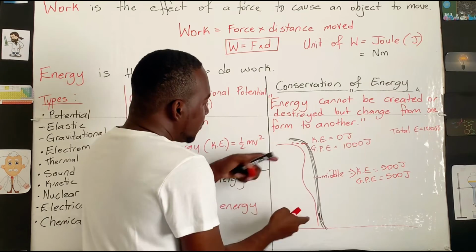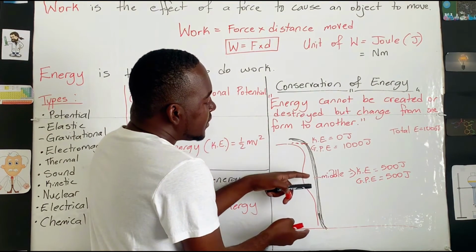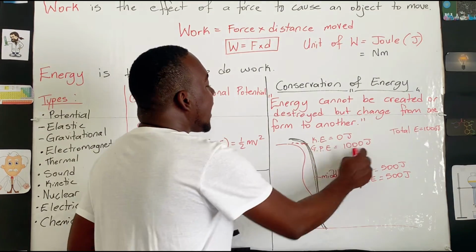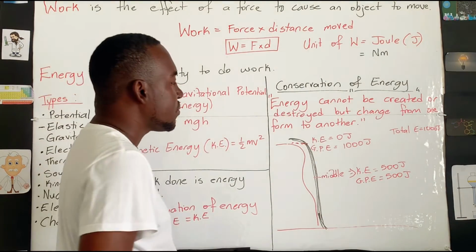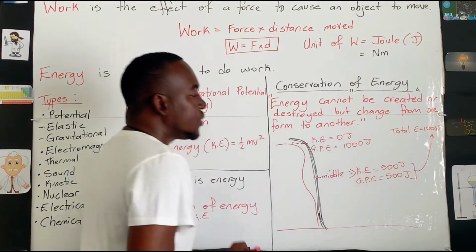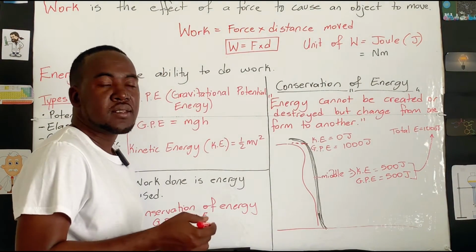Right? Here it was a larger height. When it reaches halfway, it's half of the height, so it's now half of the energy that was there before. And again, if we add these, we get the total energy that was in the system.